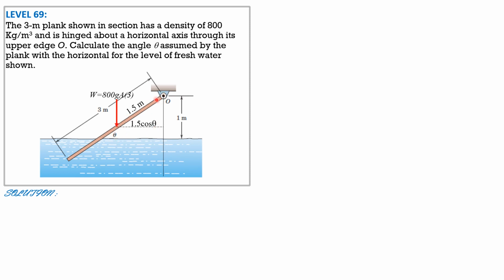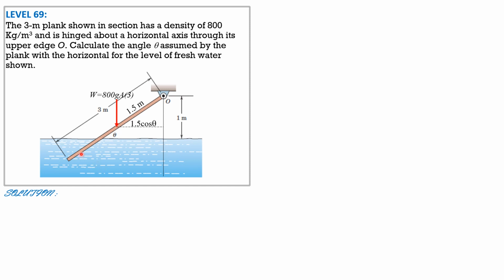So hypotenuse times cosine of the angle, 1.5 cosine theta. The horizontal distance of the weight from this pin, or hinge, axis of the hinge O, because we plan to sum up moments about O later, equals 0.